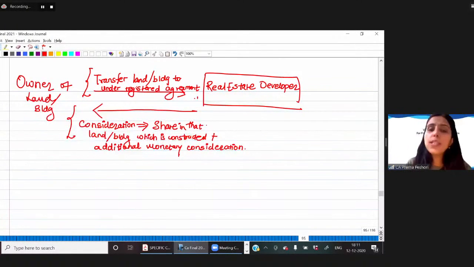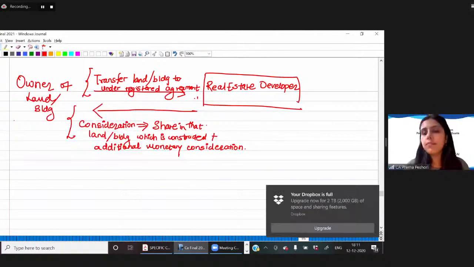Now, what was happening was that this particular transfer of property by the owner of the land to the real estate developer, according to you, should be taxable when? I need your answers in the chat boxes. When do you think this transfer of land or building should be taxable, in which particular year? What do you think?